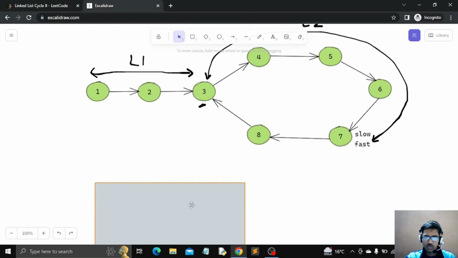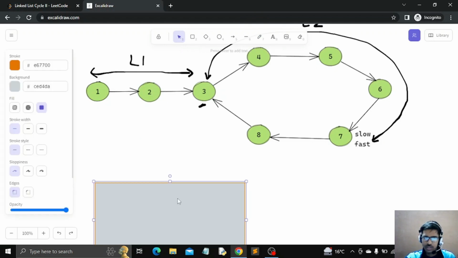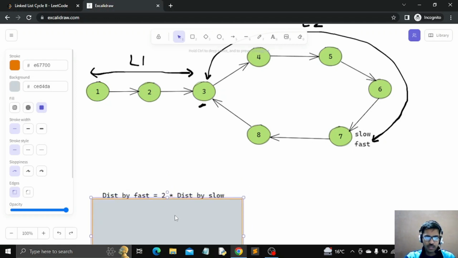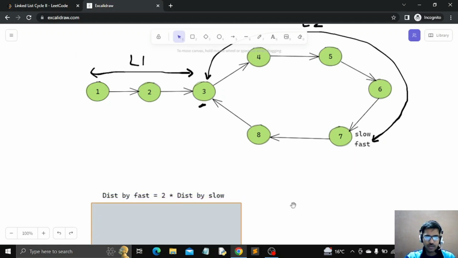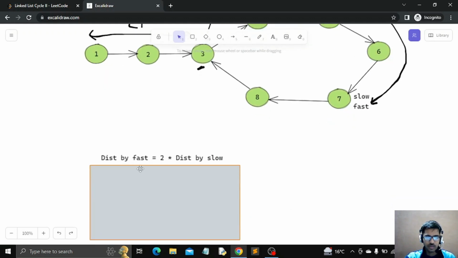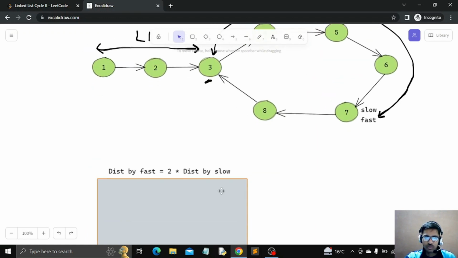Now as the slow pointer was moving 1 step ahead and the fast pointer was moving 2 steps ahead, we can say that the distance covered by the fast pointer is twice the distance covered by the slow pointer, right? Now what will be the distance covered by the slow pointer?